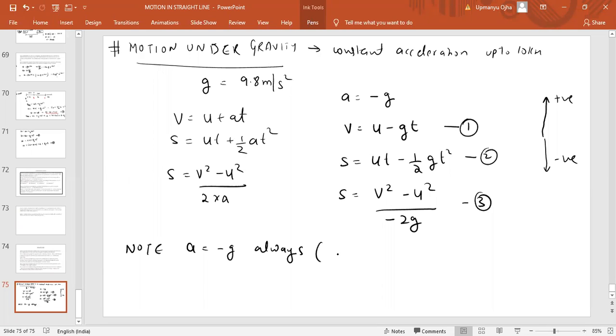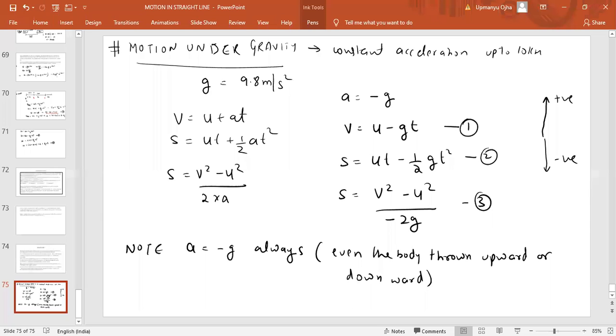Even if the body is thrown upward or downward, in both cases a should always be minus g. It will always be downward, so it should be minus g only.